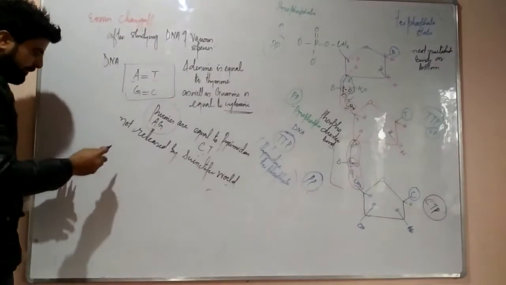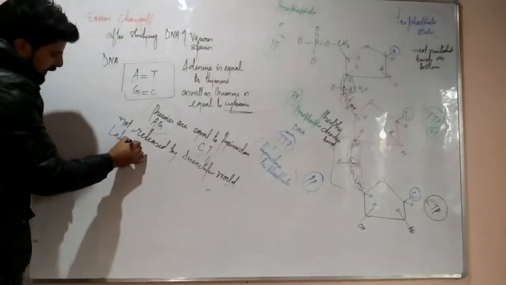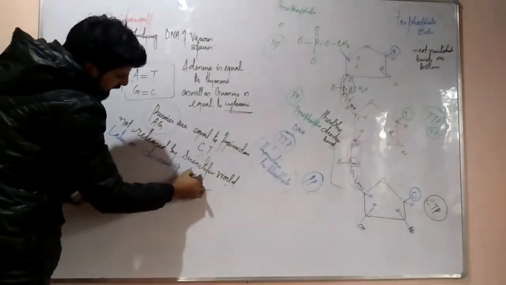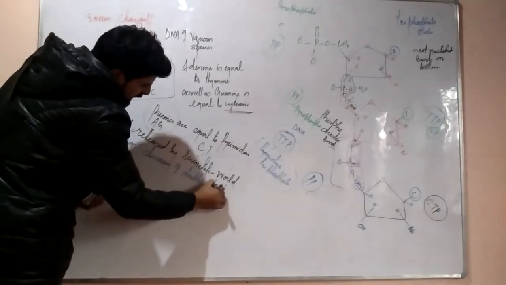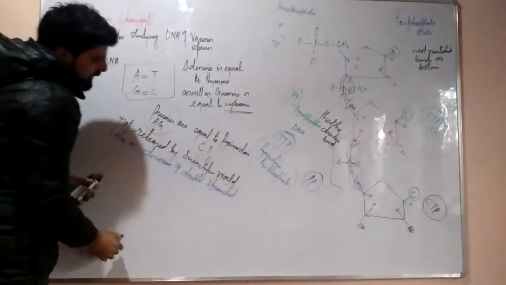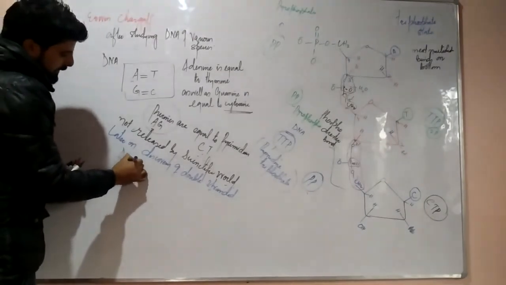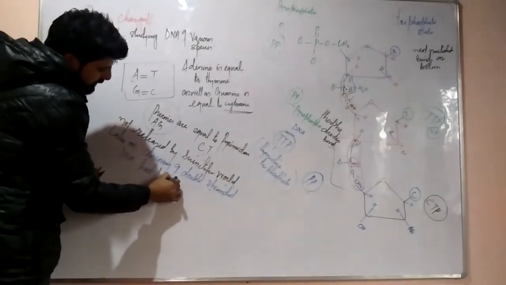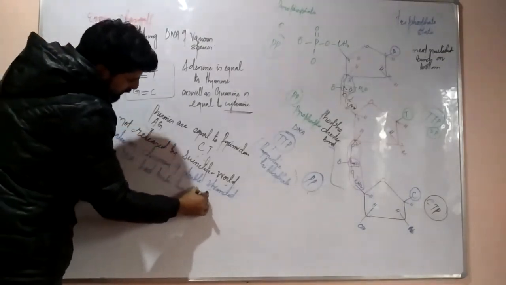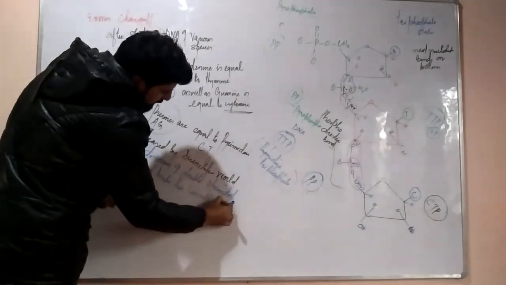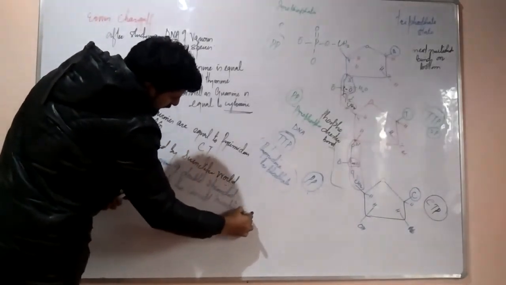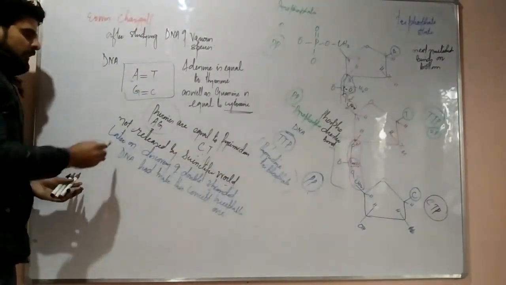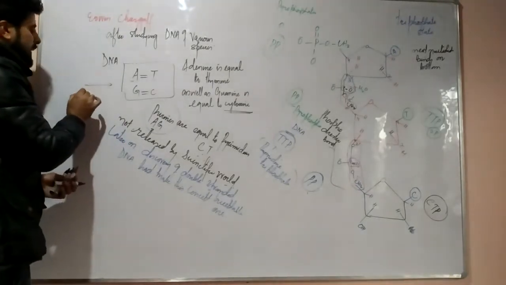But later on, the discovery of double-stranded DNA made this concept acceptable. Now, after the discovery of the double-stranded DNA, what happened? This concept which was given by Erwin Chargaff was accepted.